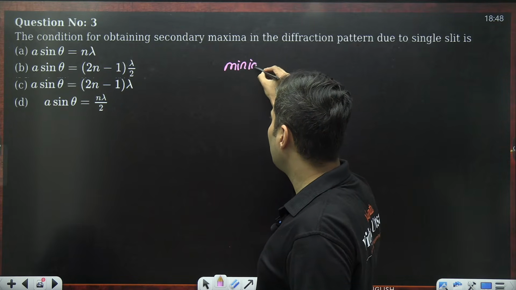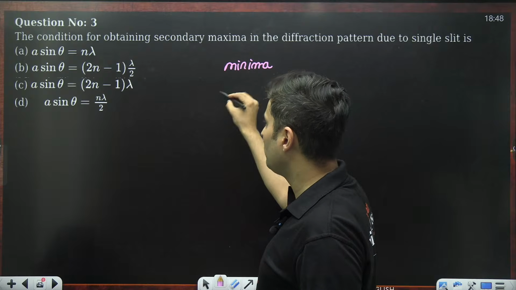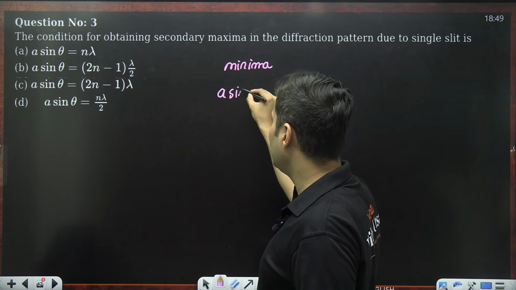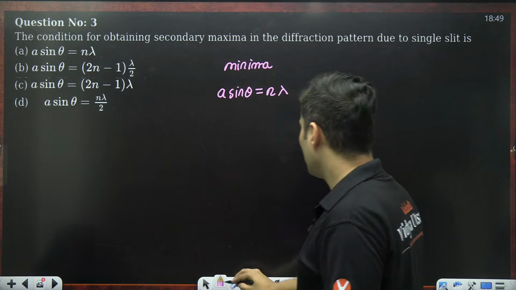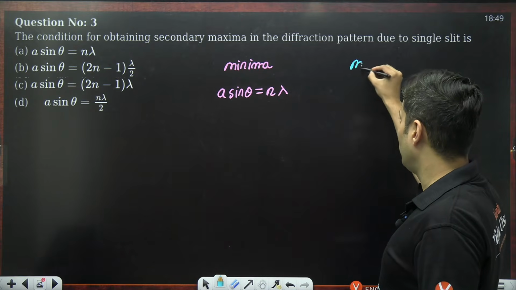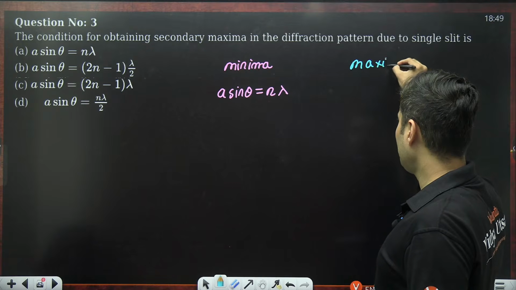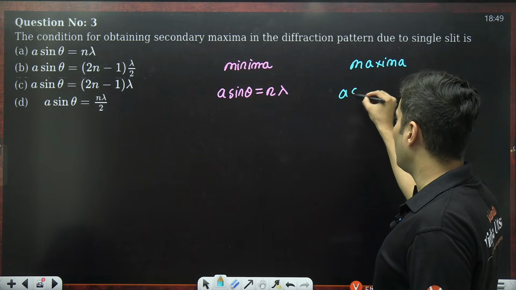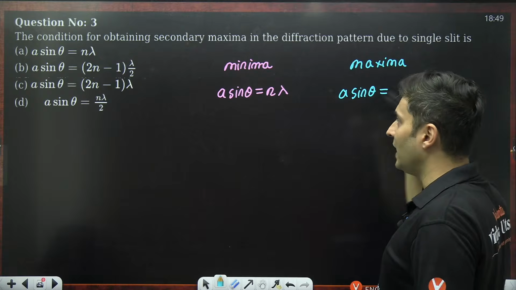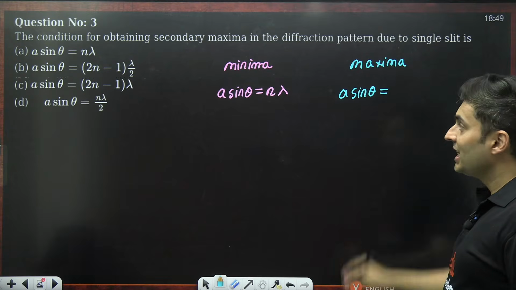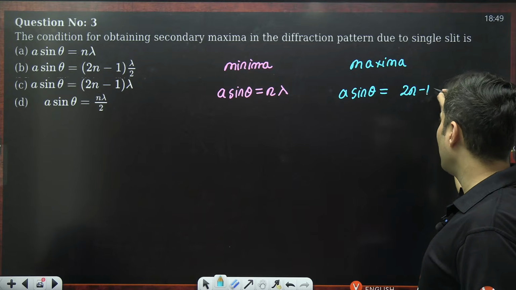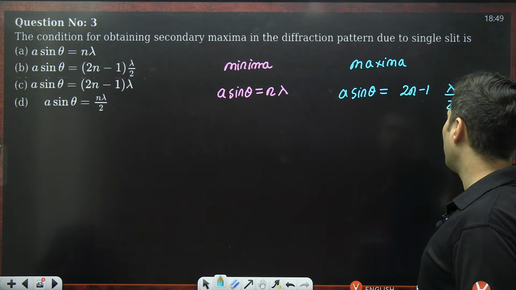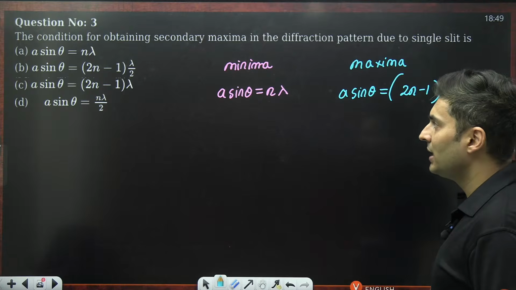For minima, a sine theta is equal to n lambda, isn't it? So that is for minima. But for maxima, the formula is a sine theta is an odd multiple of lambda by 2. Yes, (2n minus 1) into lambda by 2, isn't it? That is the formula.